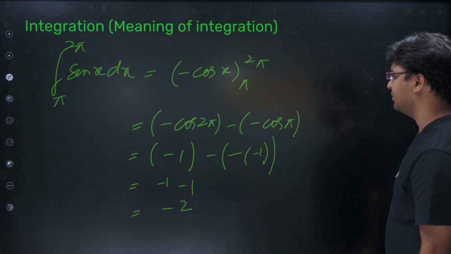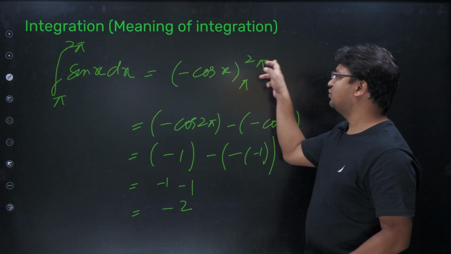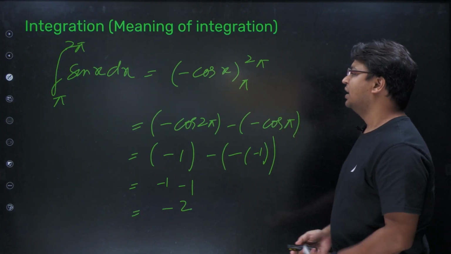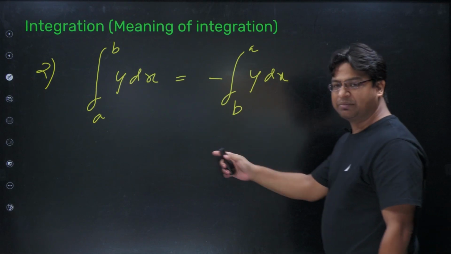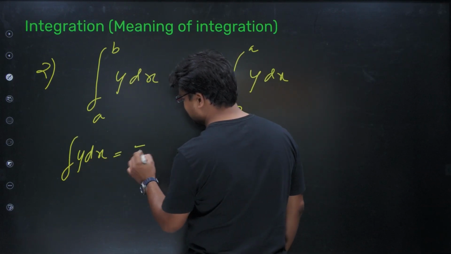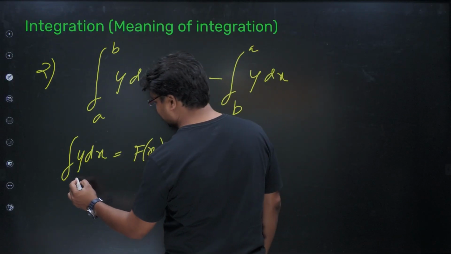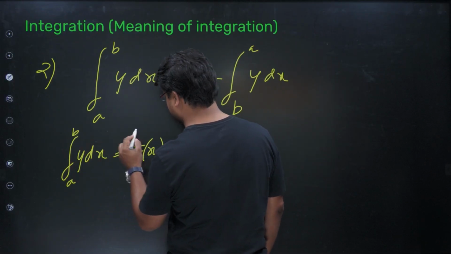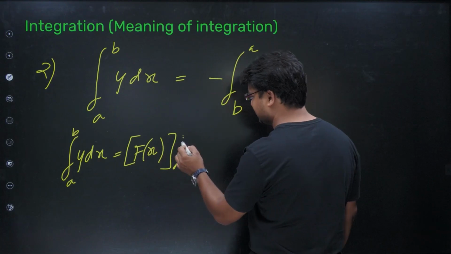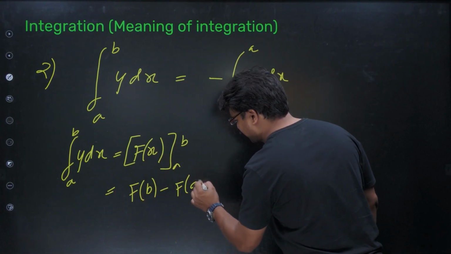You can notice it from here. Let me prove it in general. Suppose integration of y gives us a function F of x. When I say integrate from a to b, it basically means that you will first substitute b and then you will substitute a.